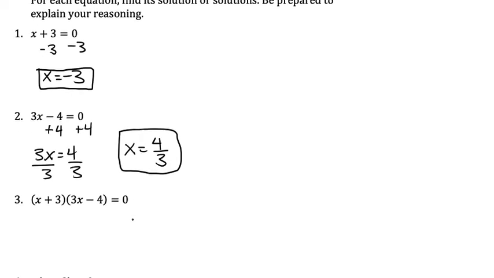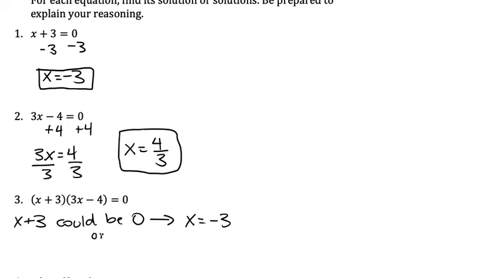Now, for number 3, we have these two factors, x plus 3 times 3x minus 4, multiplied by each other, and that equals 0. So that tells us that x plus 3 could be 0, and if that's the case, then we get what we solved for x up here. If x plus 3 equals 0, then x equals negative 3.